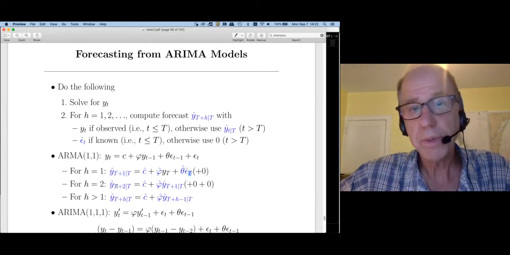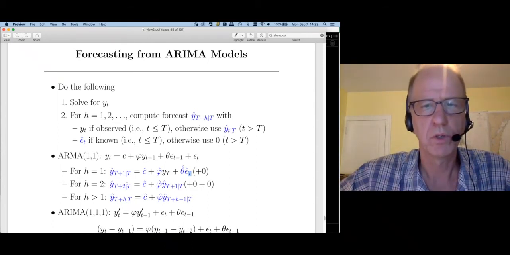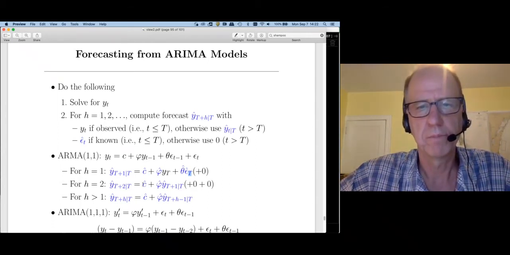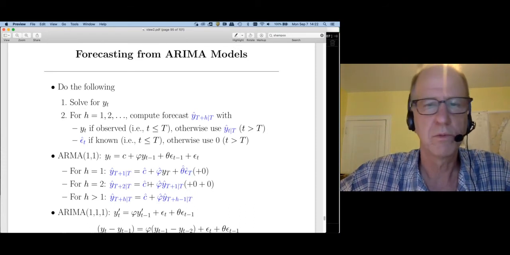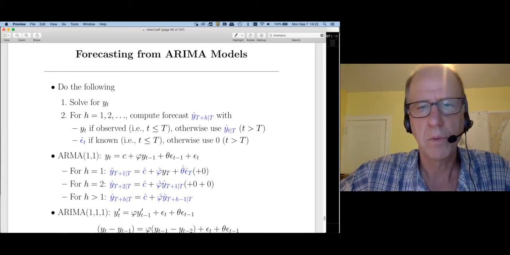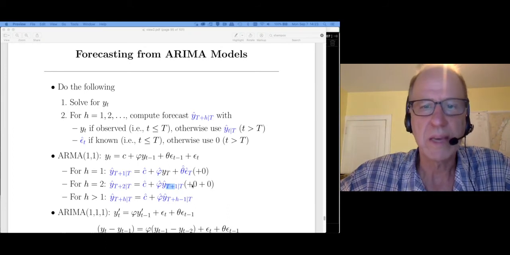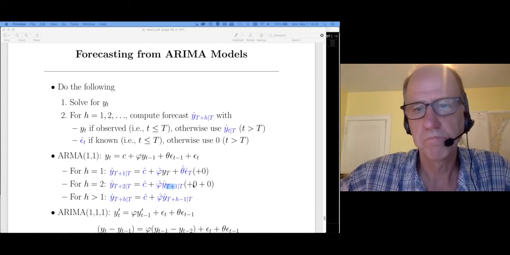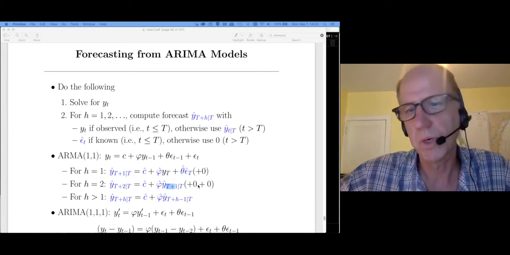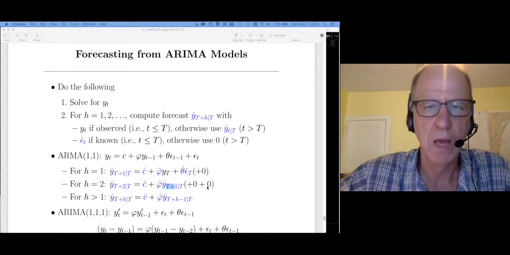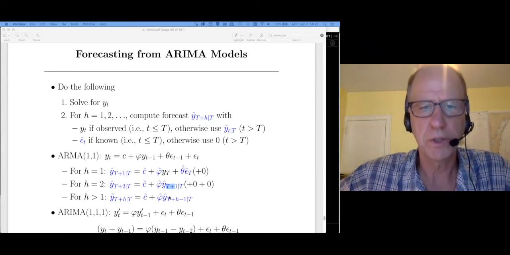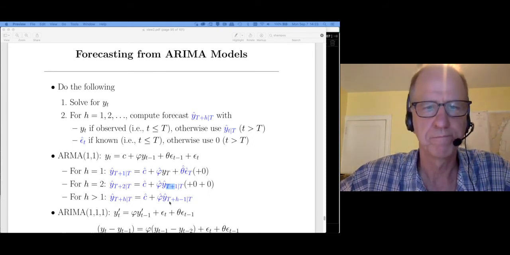If we want to go 2 periods into the future, we take our estimated drift term. Now we're going to plug in whatever we computed in the previous step. And then we don't know what the error is at time T plus 2, and we don't know what the error is at time T plus 1, so we just drop in their means. So this would be the general equation for making a forecast h periods into the future.